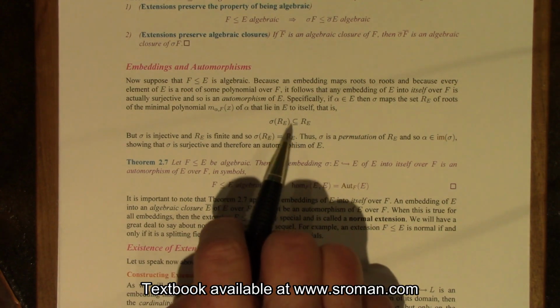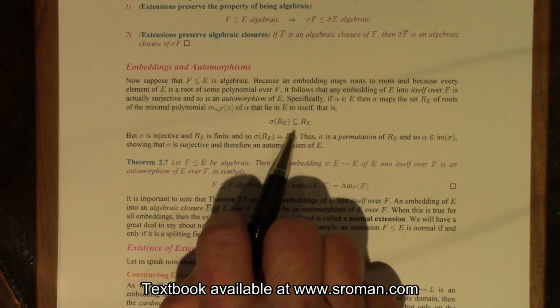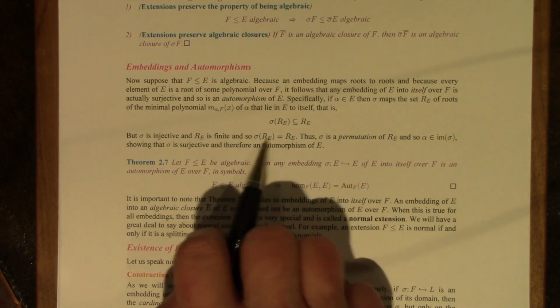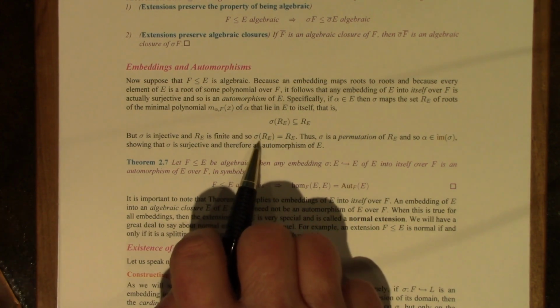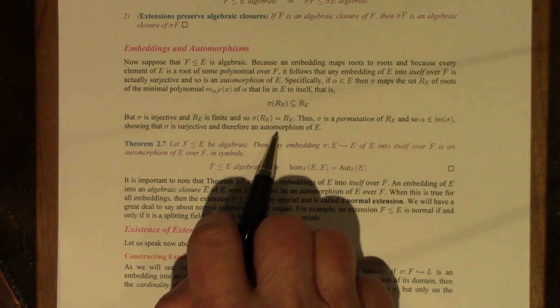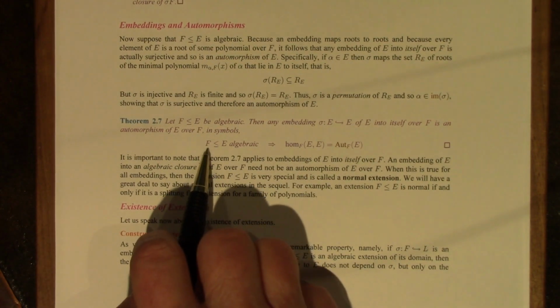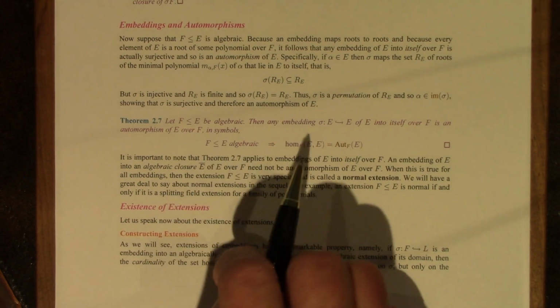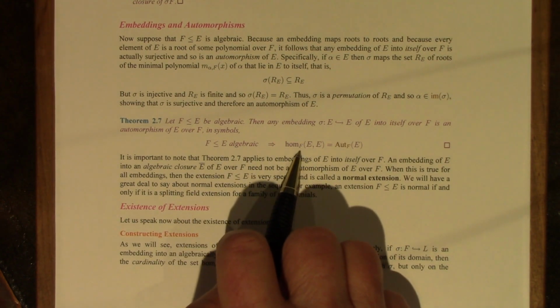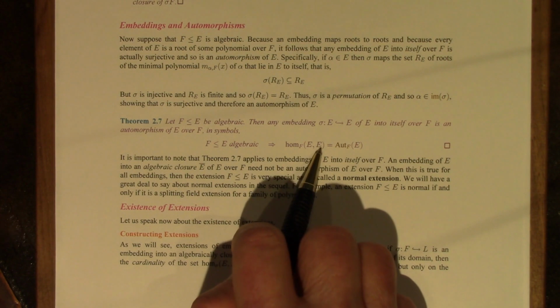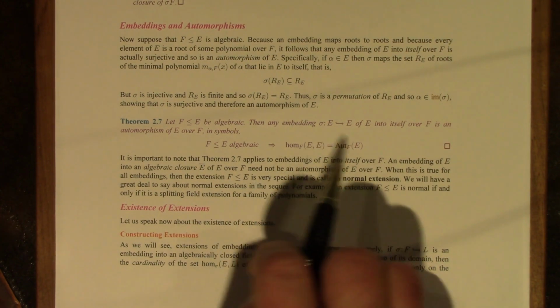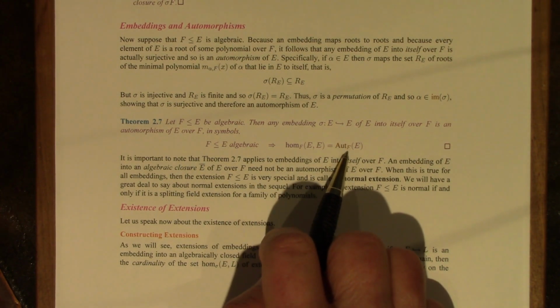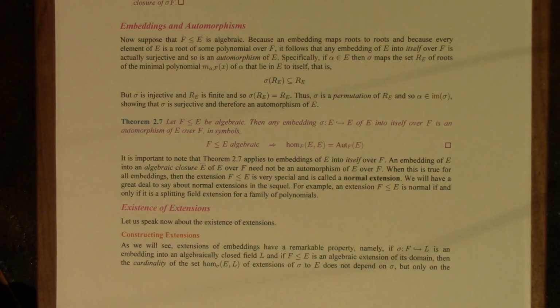Every element of E is in a root set and therefore is the image of some other root under sigma. So sigma is an automorphism of E. If E over F is algebraic, the embeddings of E into itself over F are all surjective, so they're the automorphisms of E over F.